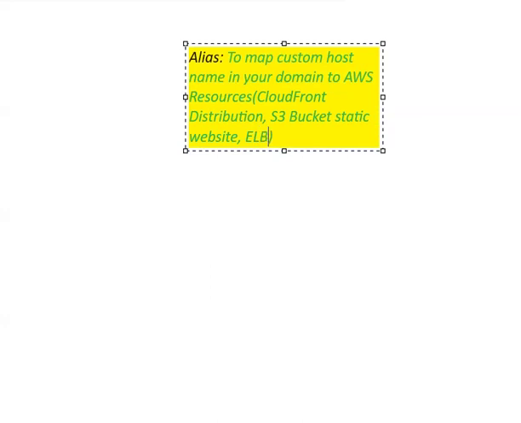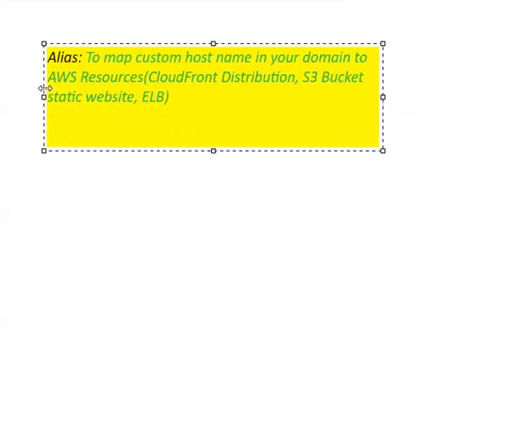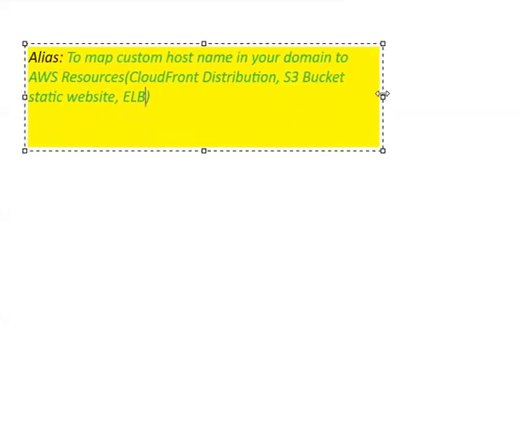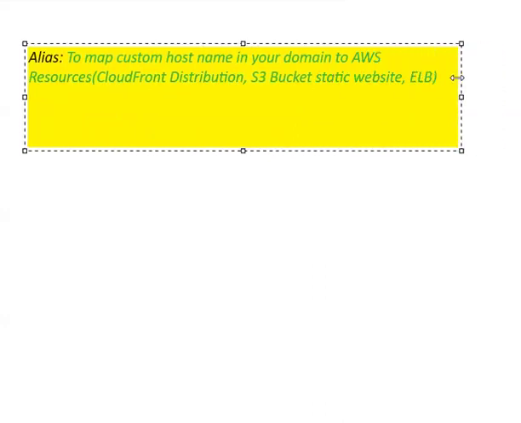You can even map it to an elastic load balancer as well. So I think Alias has a lot of use cases in AWS.